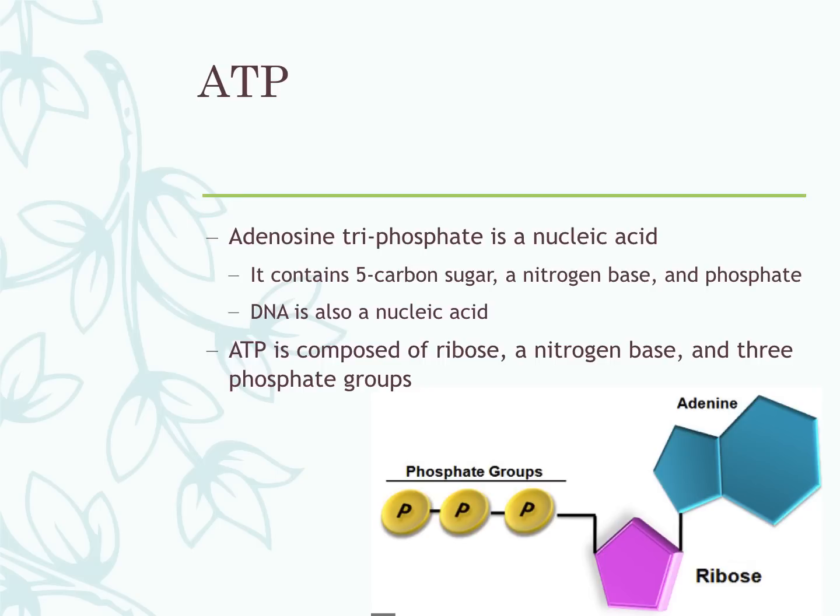ATP is made of ribose, the nitrogen base, and 3 phosphate groups. So in this case, we have the 5-carbon sugar ribose, which you can see down there in the pink. Then we have adenine, which is the nitrogen base, and 3 phosphate groups. So adenosine triphosphate means 3 phosphate groups.